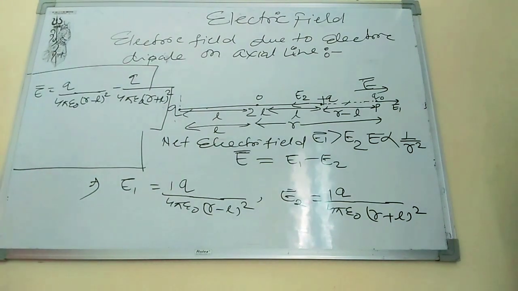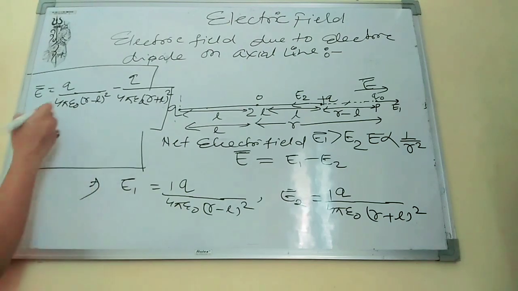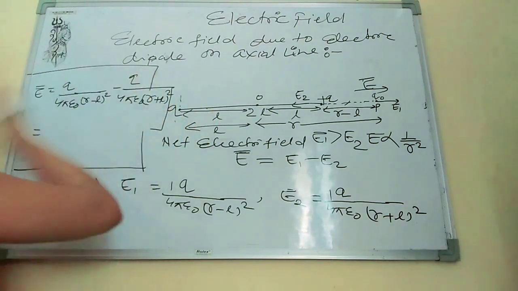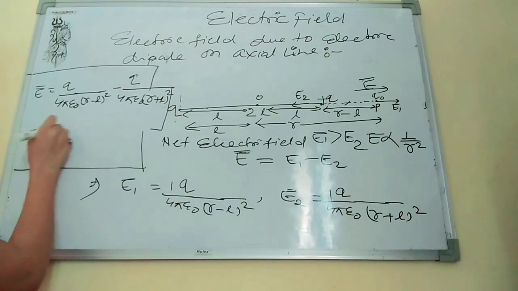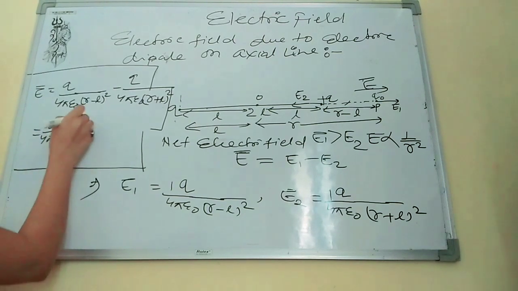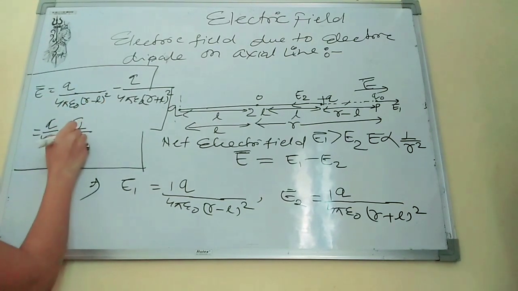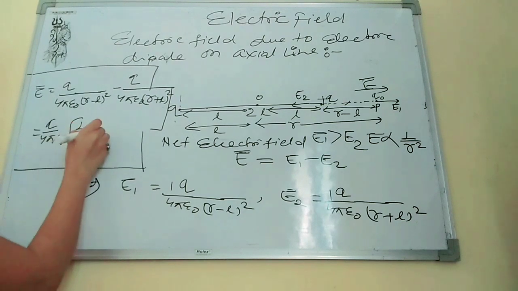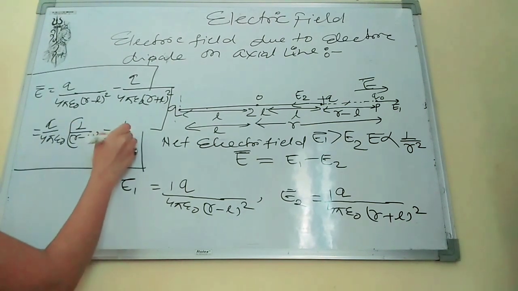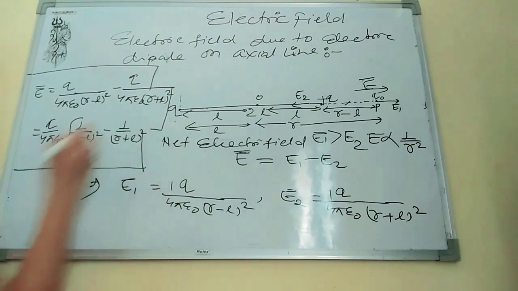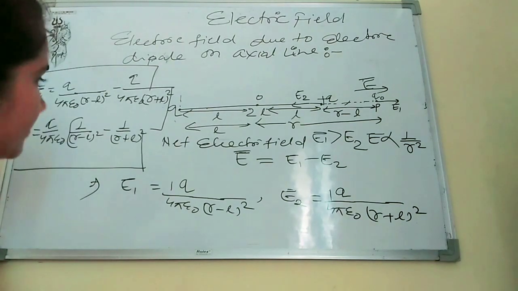Is it clear? Now Q upon 4 pi epsilon naught is common in both terms, so we will simply take it outside the bracket. That will be Q upon 4 pi epsilon naught, and it will become 1 by (r minus L) square minus 1 by (r plus L) square. Is it clear?